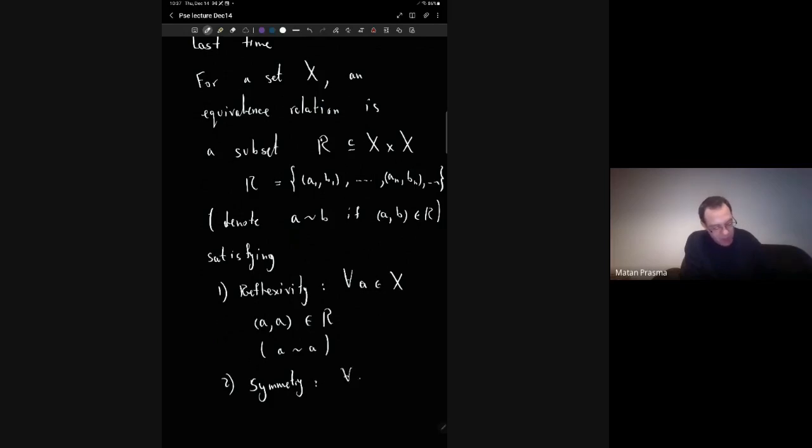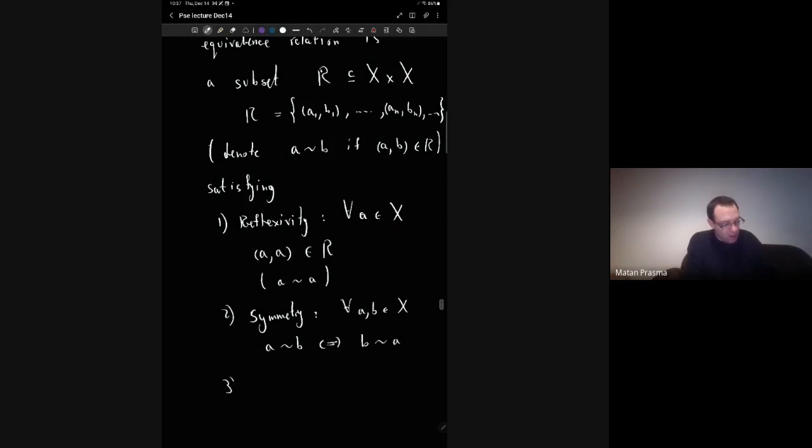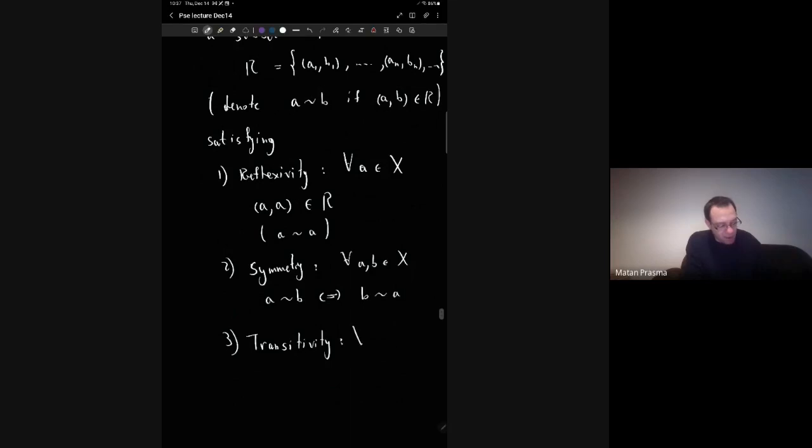And it says that for any A and B in X, A is equivalent to B if and only if B is equivalent to A. And three is the transitivity, which means that for any three elements A, B, and C, if A is equivalent to B and B is equivalent to C, then A is equivalent to C.